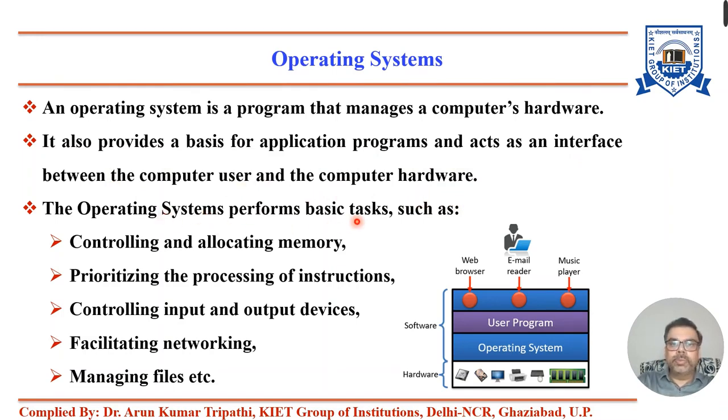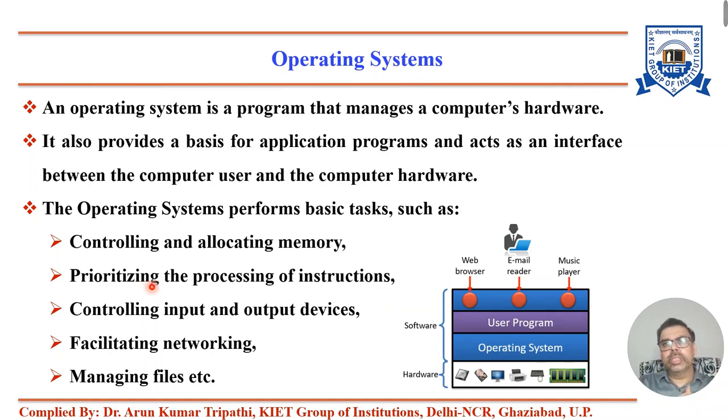The operating system performs some basic tasks such as controlling and allocating memory, and instruction priority, meaning which process has to execute first, which may execute second, which later, and so on.